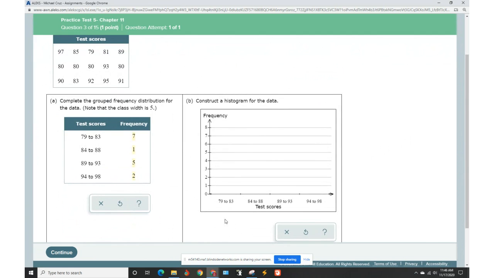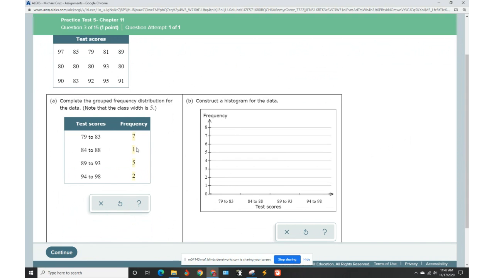Now they've already got these marked out for us. I think that this one may alternate between a histogram and a frequency distribution. If you got a frequency distribution, you got to add up 79 and 83 and divide by 2 and label your midpoint in there. But for these, they already got it marked out for you.